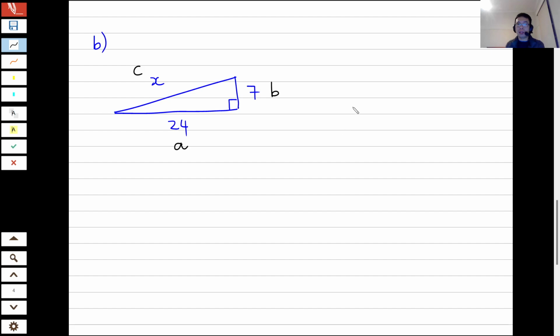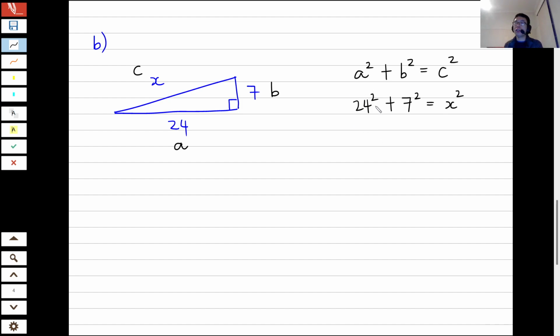So let's fire away. A squared plus B squared equals C squared. And I can substitute A, B, and C with the numbers in my diagram. So in this case, it's going to be 24 squared plus 7 squared equals x squared.